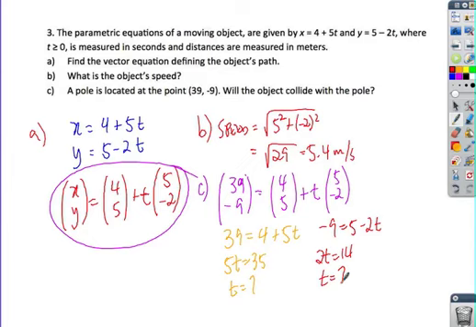Hopefully it's obvious to you that if both of these parameter values were different, you'd be moving different amounts in the x and the y direction, which is not possible. Once a parameter is chosen, it has to be applied to both components. All right. And so the conclusion that we can come to here is that, therefore, the object will collide with the pole.